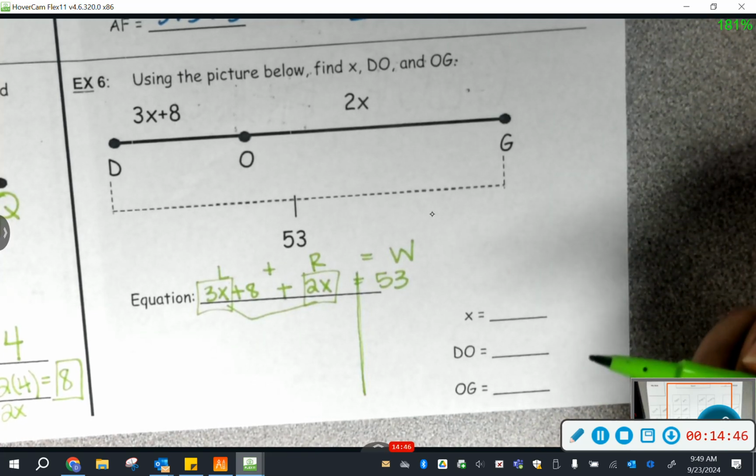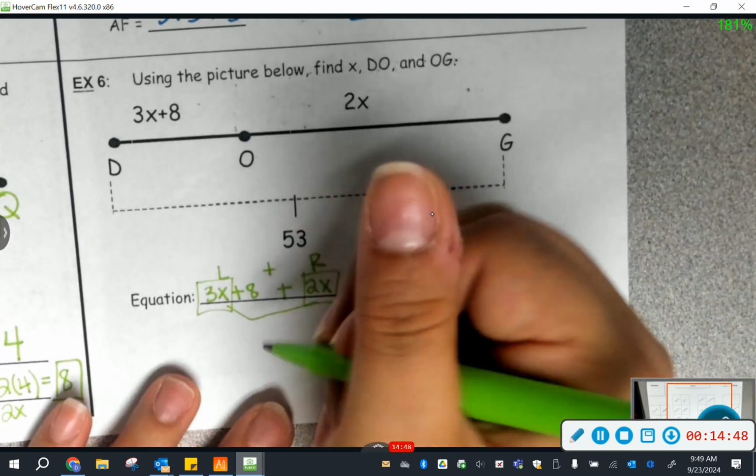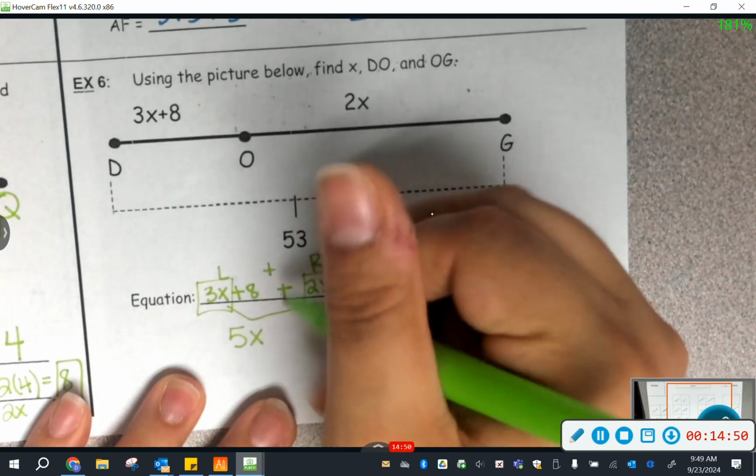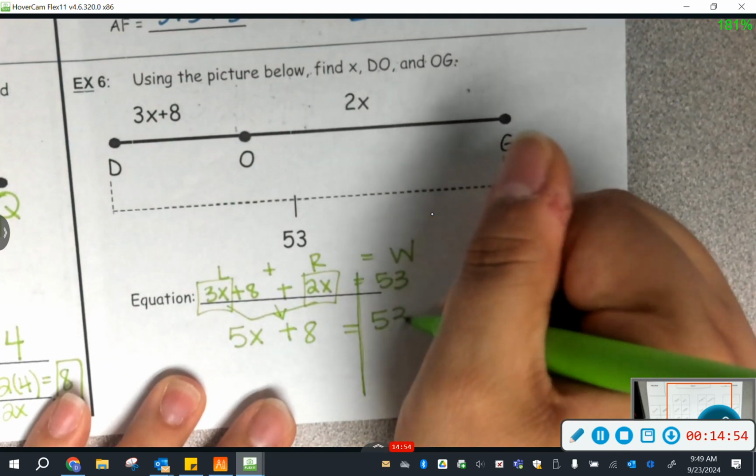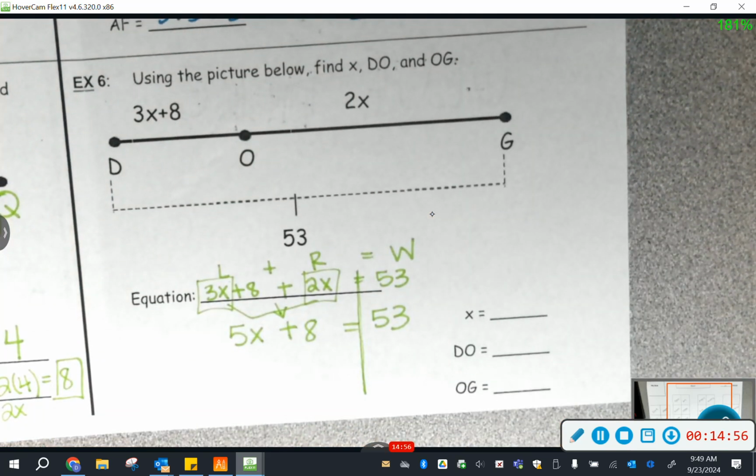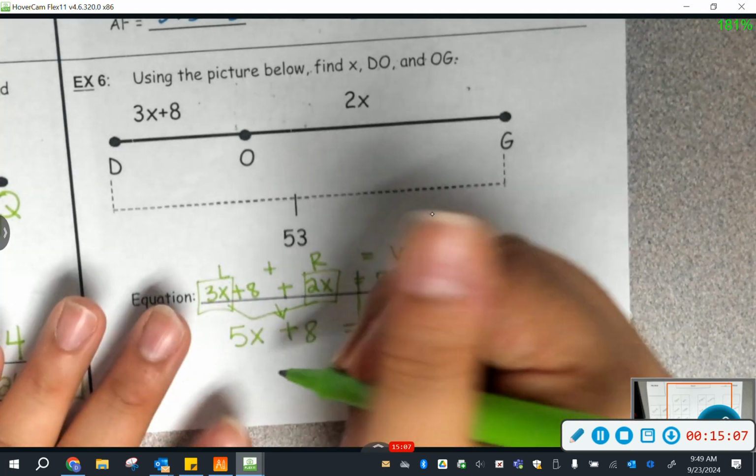X's are on the same side. What can I do? Okay. Add them. You should get 5x plus 8 equals 53. What do I do next? Subtract 8.